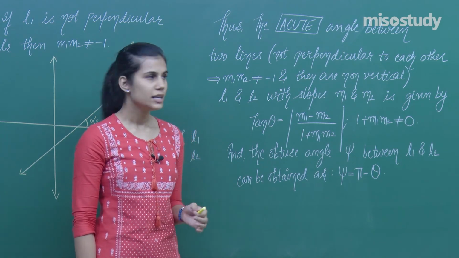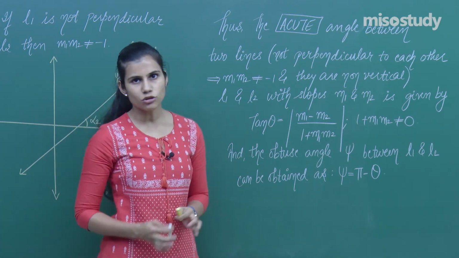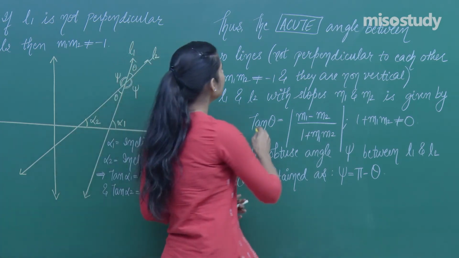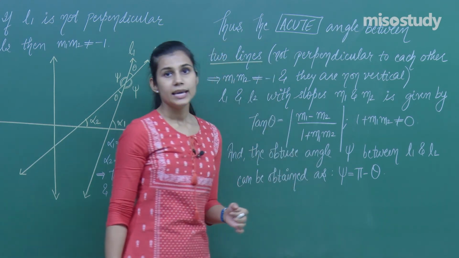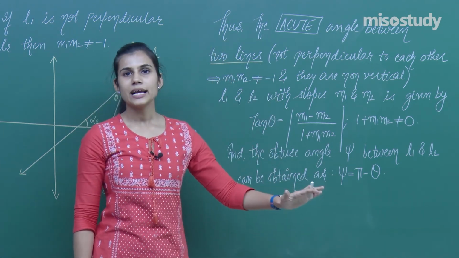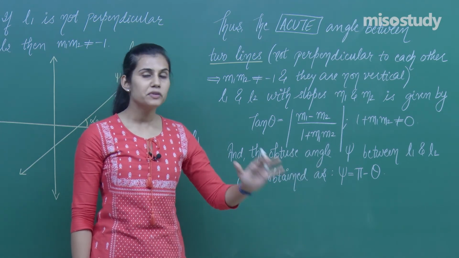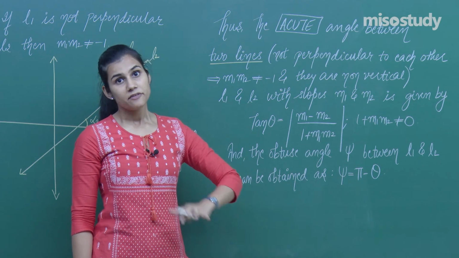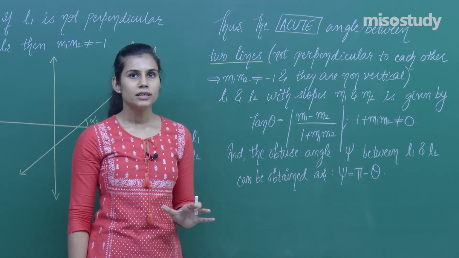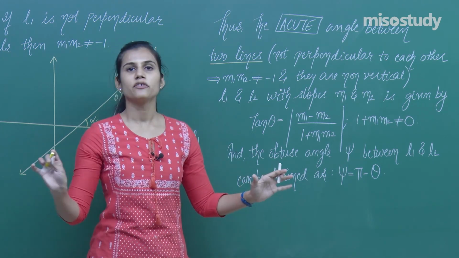Is it understood? The only and only task of yours would be that you will be given two lines. If they are perpendicular, the angle between them is 90 degrees, end of the story. If they are not intersecting, the angle between them is 0, end of the story. If they are vertical, then slopes are not defined, end of the story.